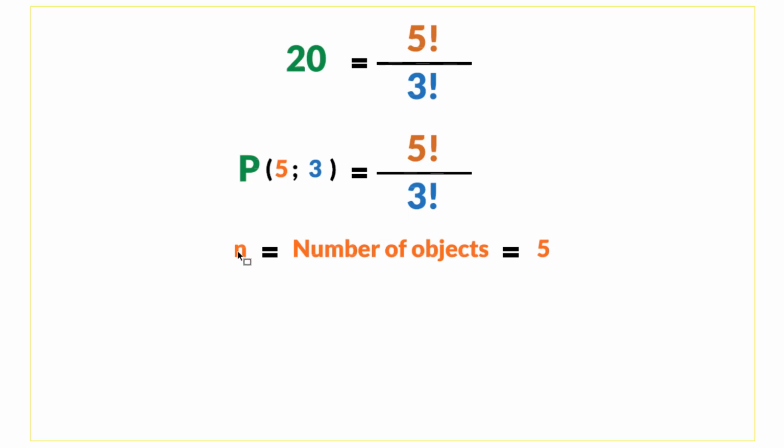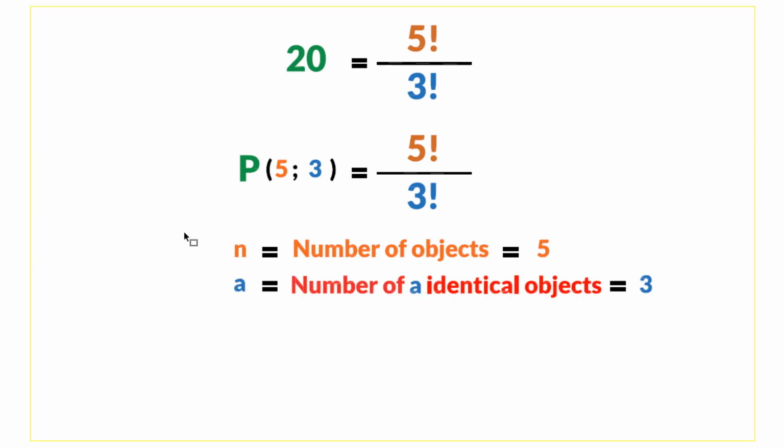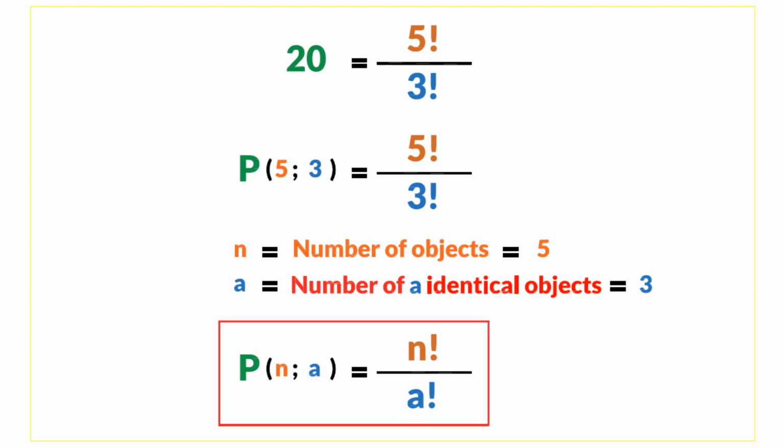So n is equal to 5, and a is the number of identical objects, which is 3, and now this relation can be written as P(n; a) equal to n factorial divided by a factorial. So this is the relation we are seeking.